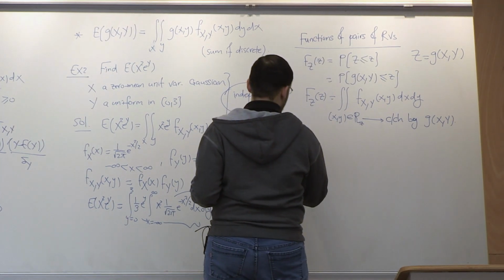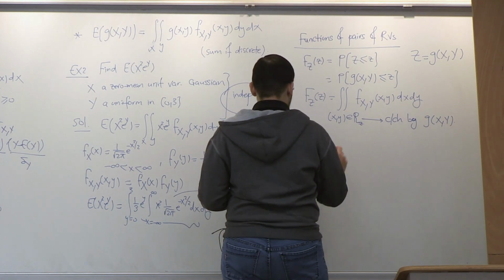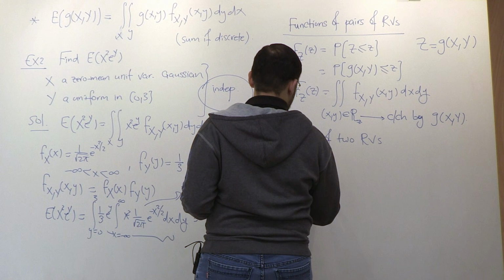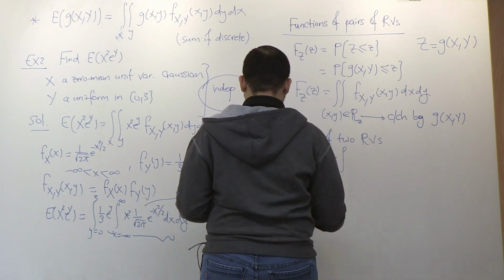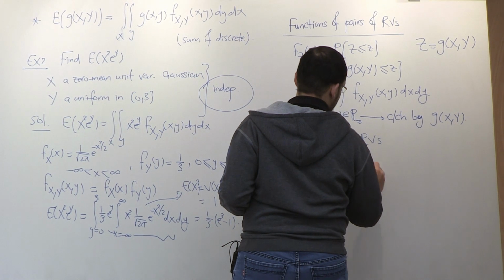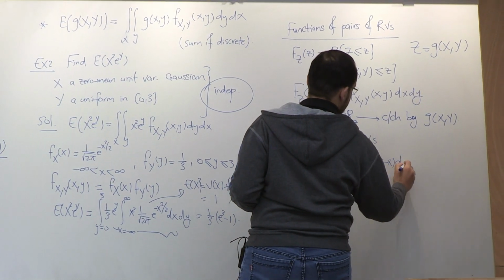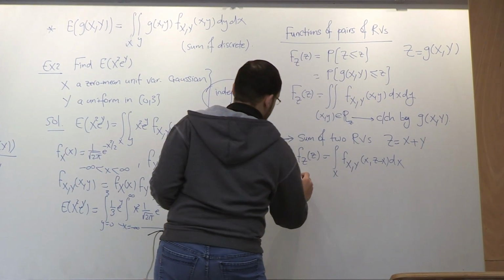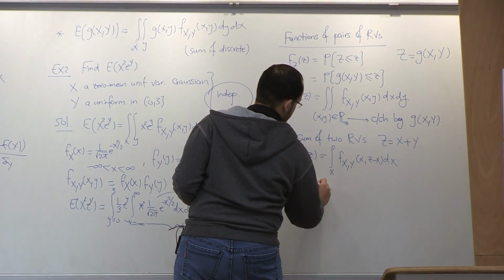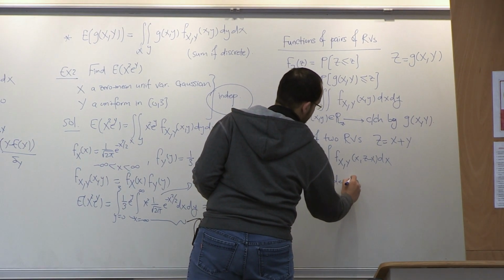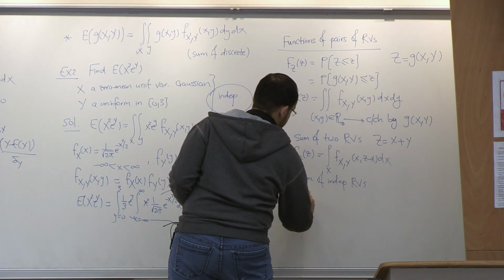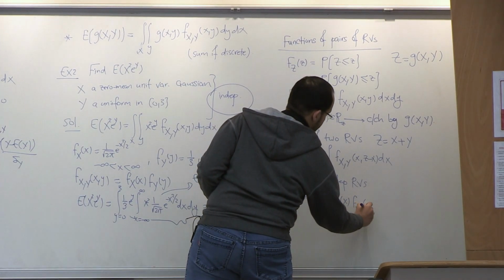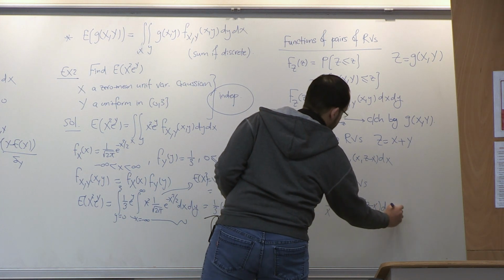Important special cases that we will prove: sum of two random variables. f_Z of z equals the integration over x of f_XY of x and z minus x dx, where Z equals X plus Y. And for the sum of independent random variables, f_Z of z is the integration over x of f_X of x f_Y of z minus x dx.